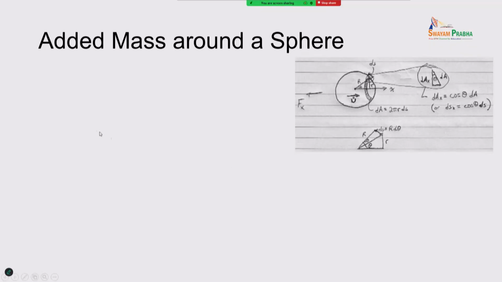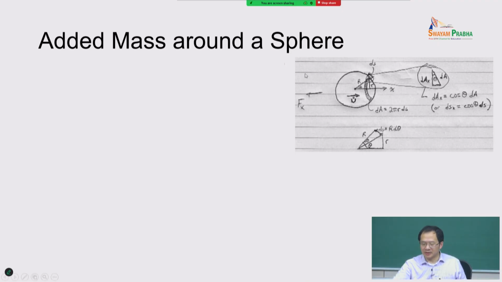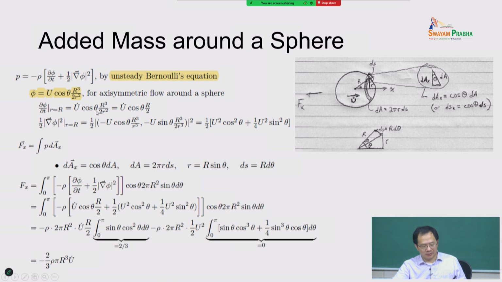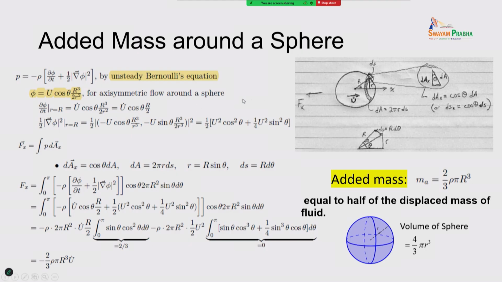How about three dimensions? Like you have a ball in the water, and similarly you use potential flow and you have a velocity potential function. With the unsteady Bernoulli equation, plug all these parameters in, and you can calculate the added mass of the ball in the water. This is interesting and different from the cylinder case.